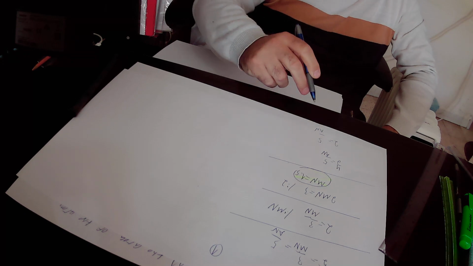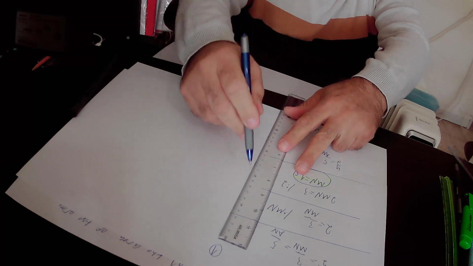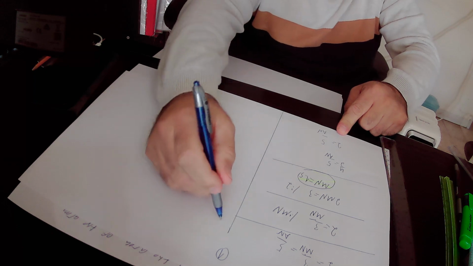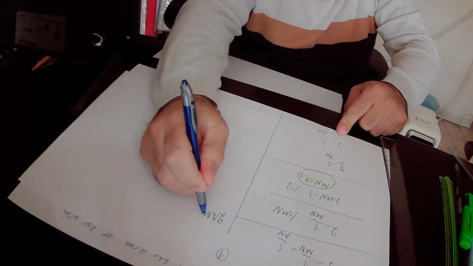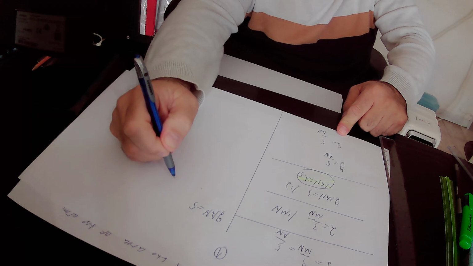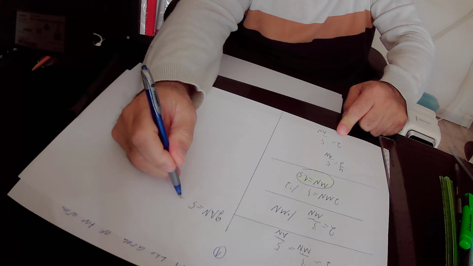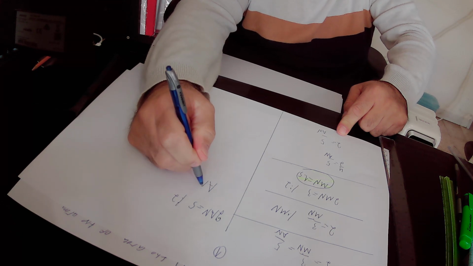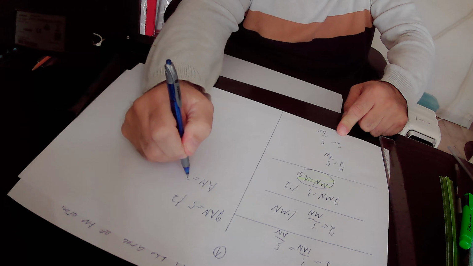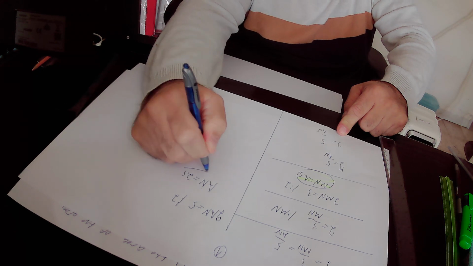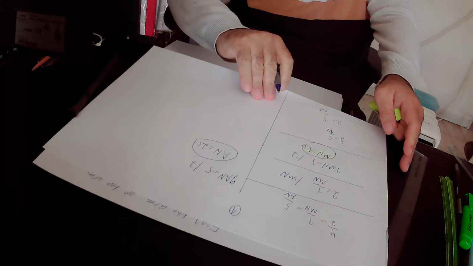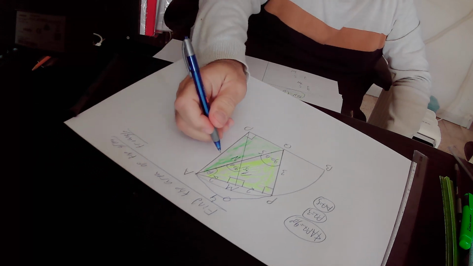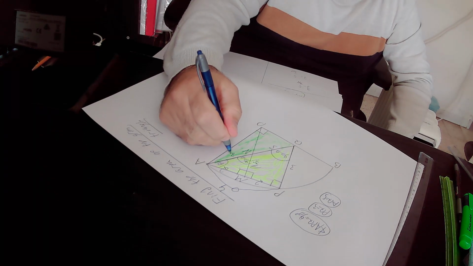We will multiply this equation by AN and we get that 2 times AN equals 5. We divide this equation by 2 and finally we get that AN equals 5 over 2, that is 2.5. AN equals 2.5 units. I write it down that AN equals 2.5 units in its length.